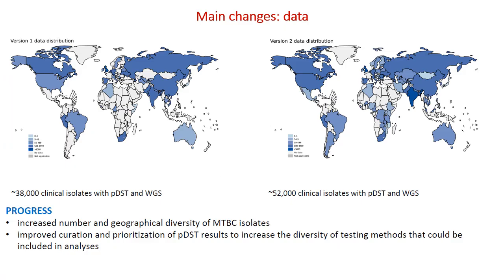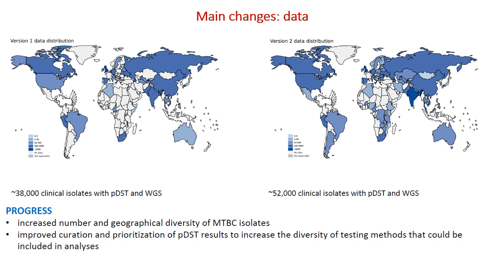In this new version 2 of the catalog, the main changes are the number of isolates available with phenotypic DST and WGS information, from 38,000 to approximately 52,000 clinical isolates.